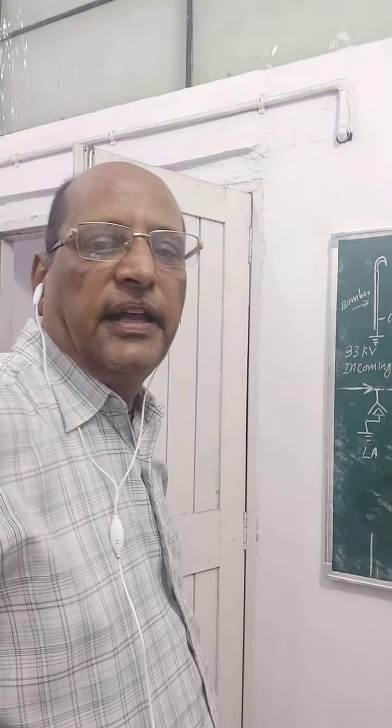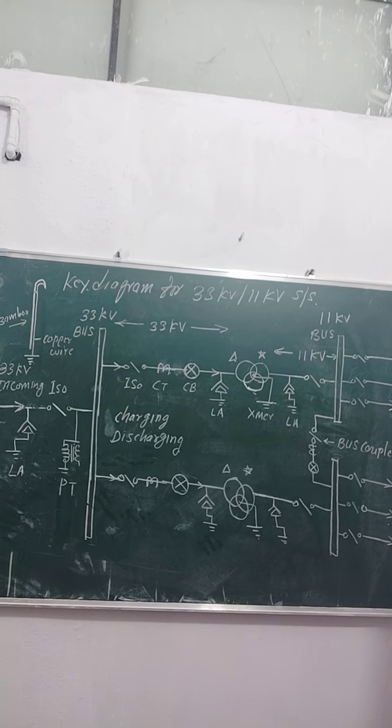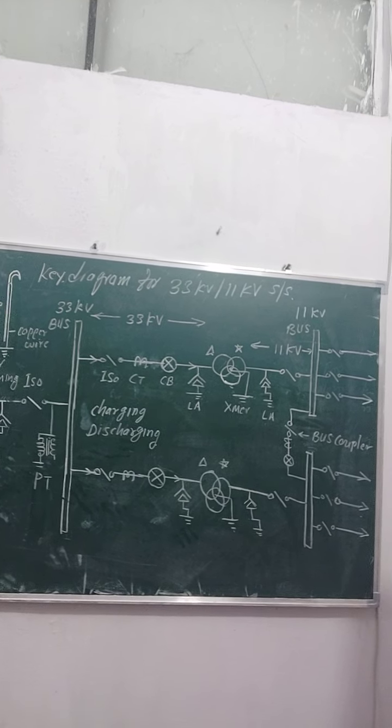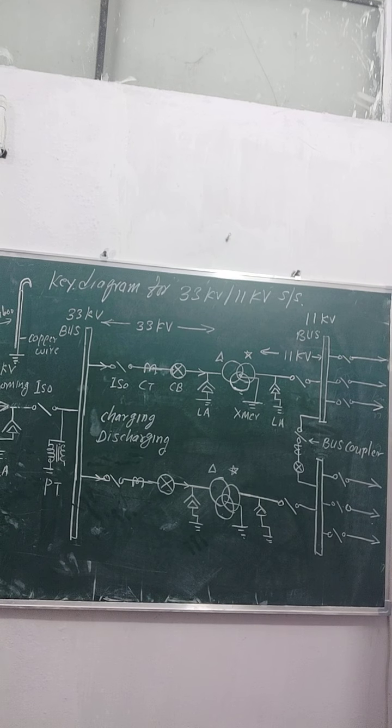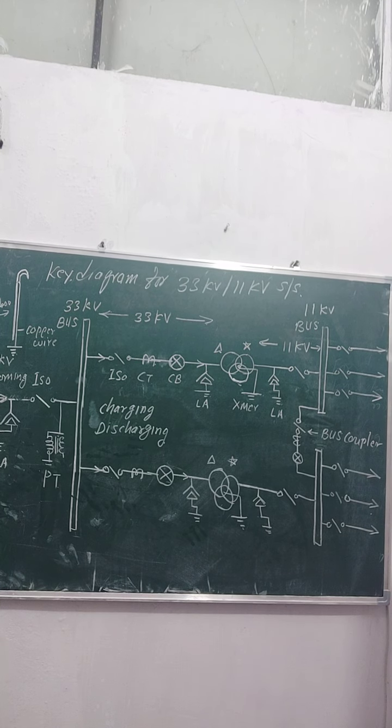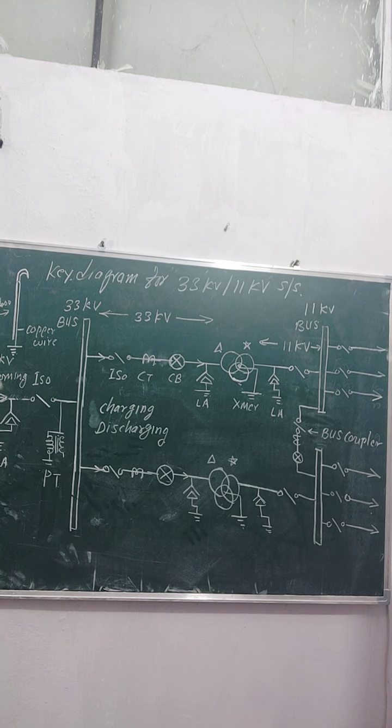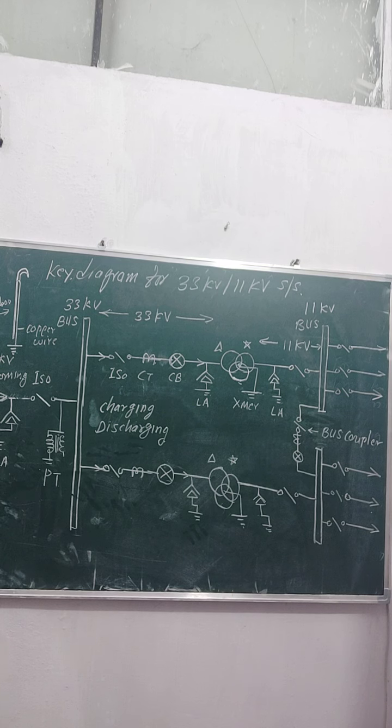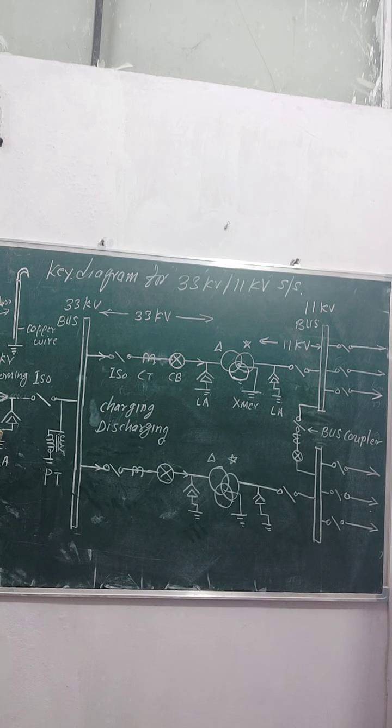So this complete diagram shows the key diagram of a 33 by 11 kV substation. You just check it, again I explain. Incoming feeder. This is incoming 33 kV. Lightning arrestor for protection.